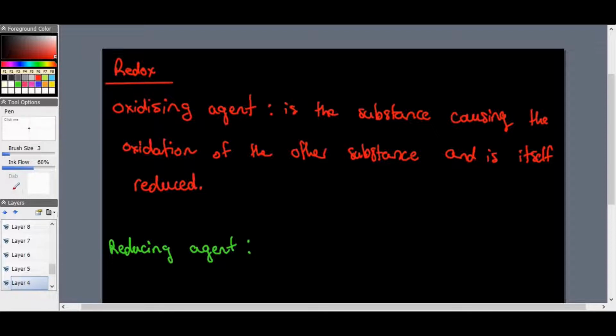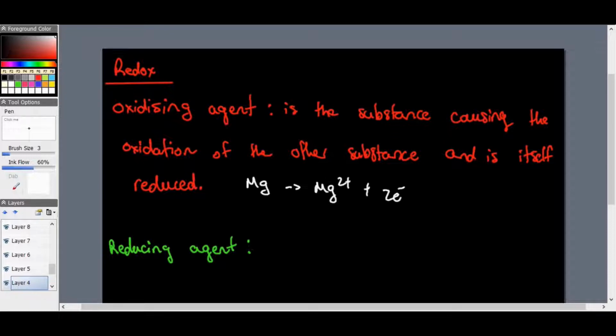Let's take, for example, the oxidation half reaction of magnesium: Mg becomes Mg2+ plus 2 electrons. We say that magnesium is oxidized, and that would be, of course, the reducing agent.